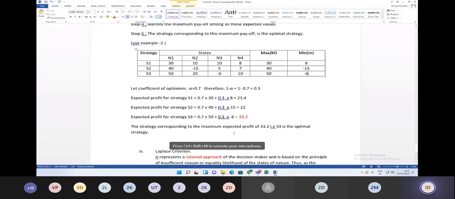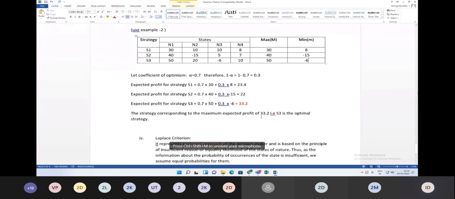The maximum expected profit of 33.2 belongs to strategy S3. Hence the optimal strategy adopted is S3. Is it clear? Yes, sir.